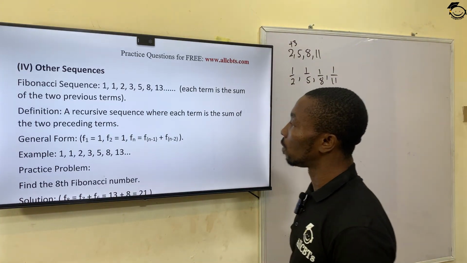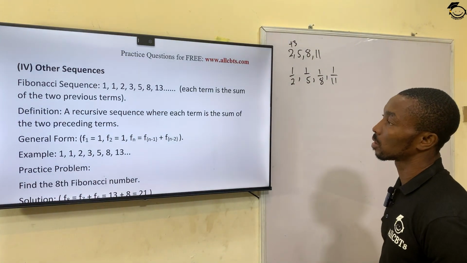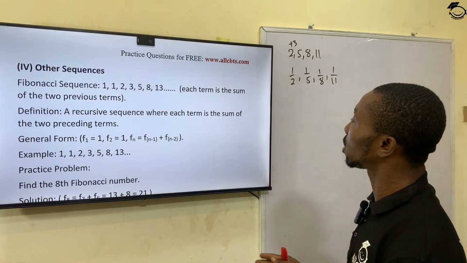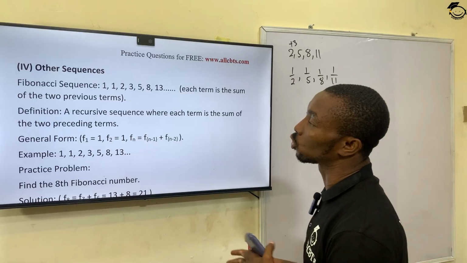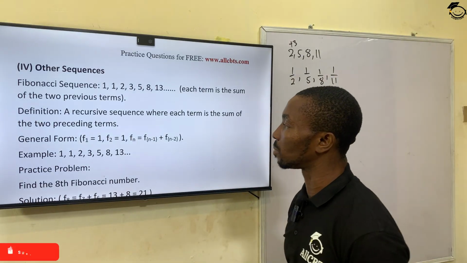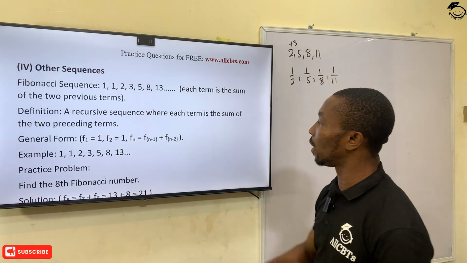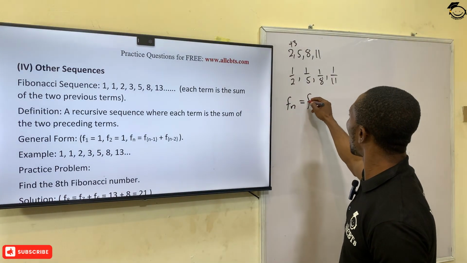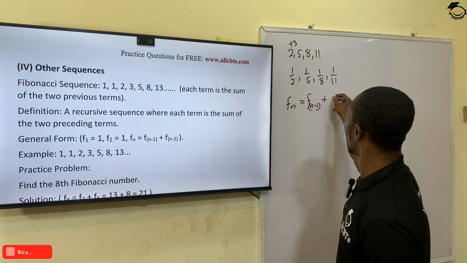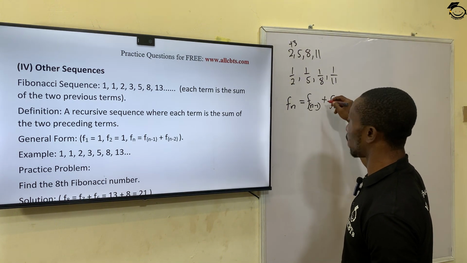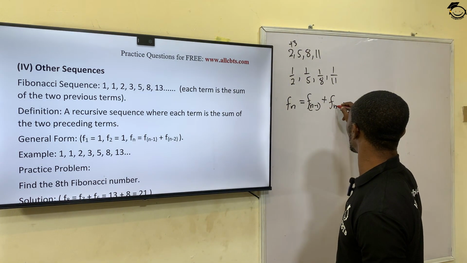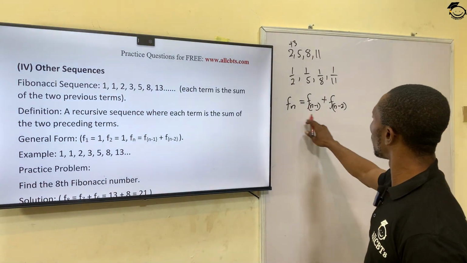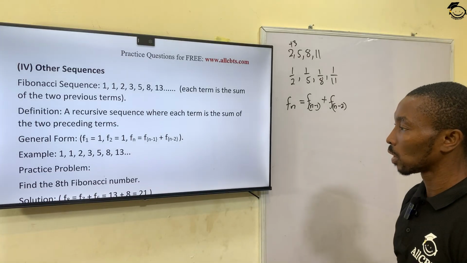It is a recursive sequence where each term is the sum of the two preceding terms, and the general formula for it is Fn equals Fn minus 1 plus Fn minus 2. So this forms a general formula for our sequence.